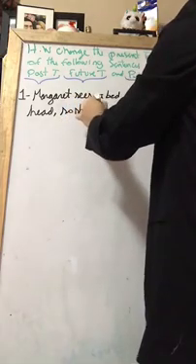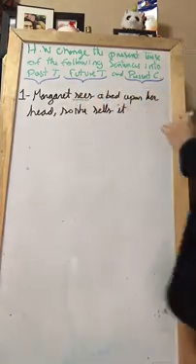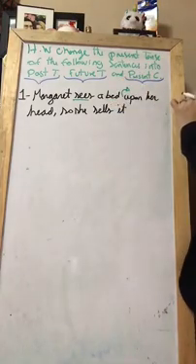So she sells it. Now, what are the words that make this sentence into present? Margaret sees a bed upon her head. Upon is over. Over. Okay?